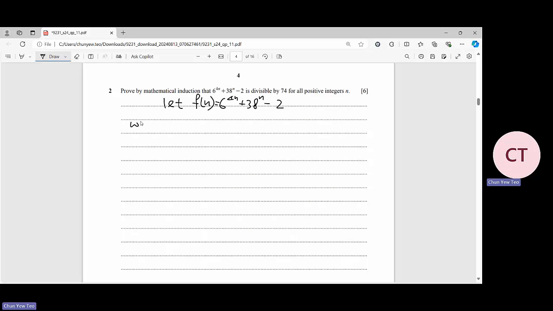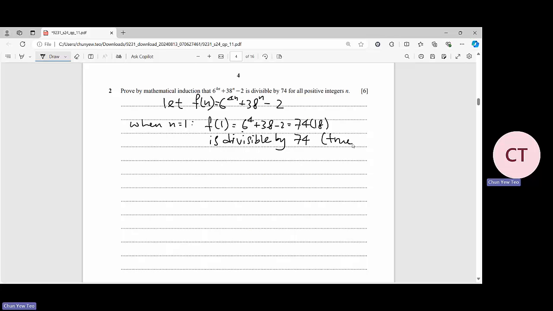When n equals 1, your f(1) will be, just change the n to 1. Press the calculator, you can see that this is actually 74 multiplied by 18, which is divisible by 74.